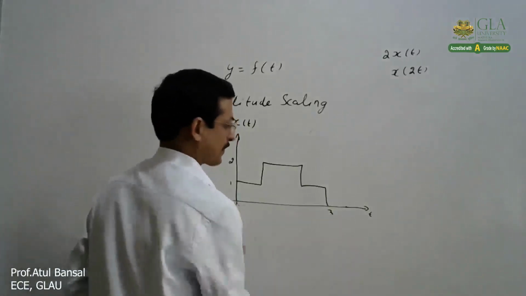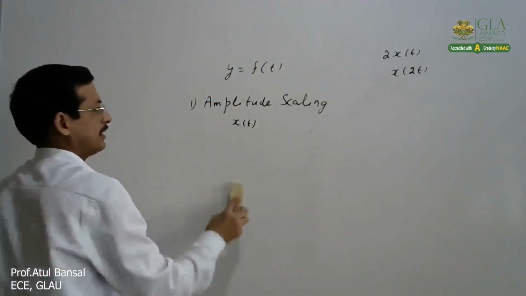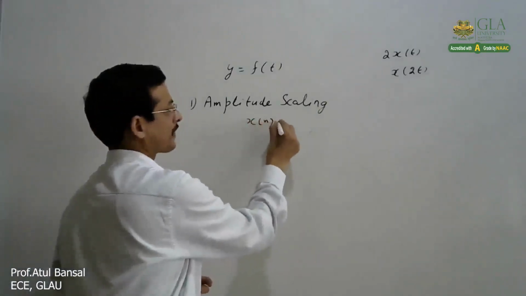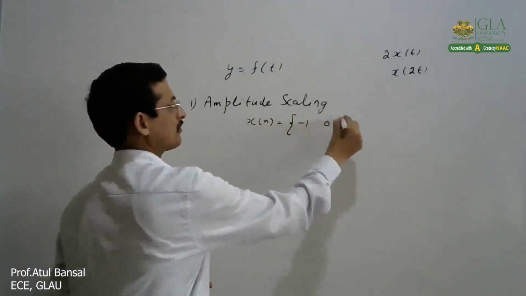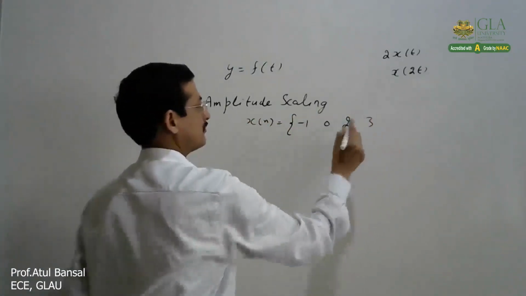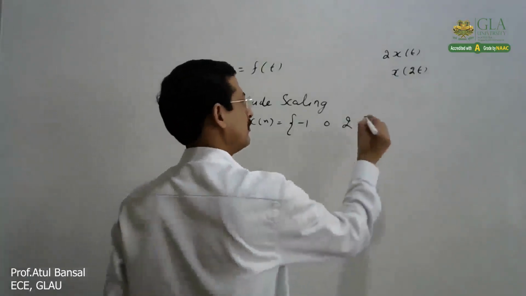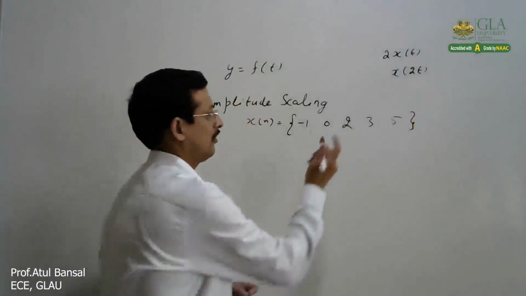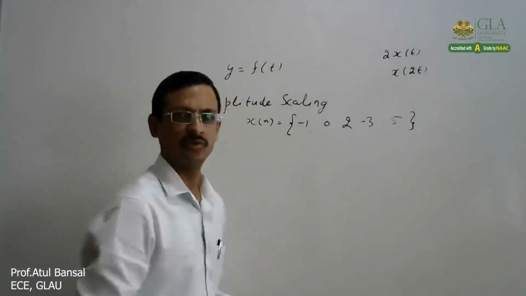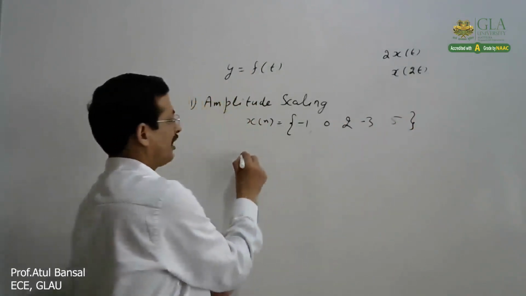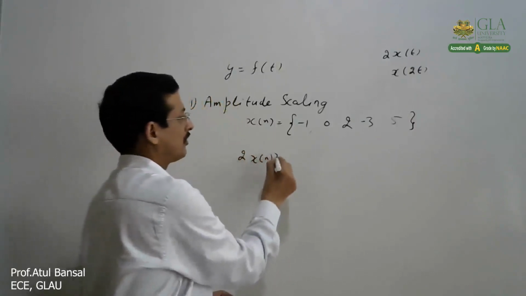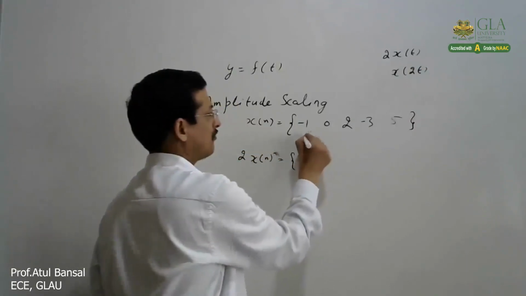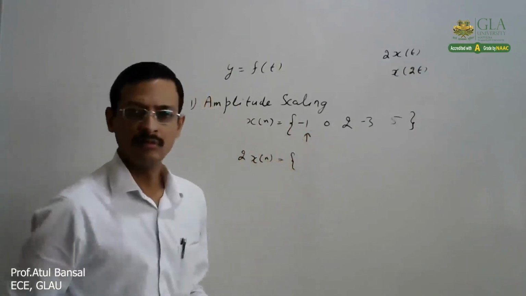In the same way, if we have a discrete time signal x[n], suppose it is like this, or -1, 0, 2, -3 and 5. Now we want to obtain 2 of x[n]. Here we can assume this is the 0 point.